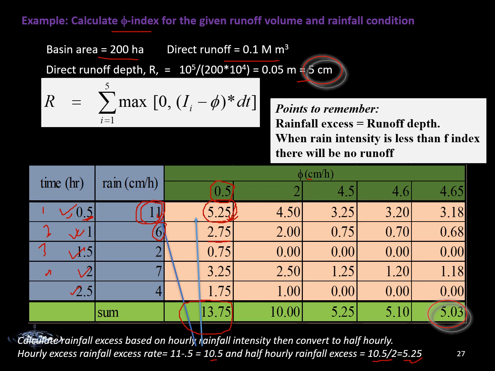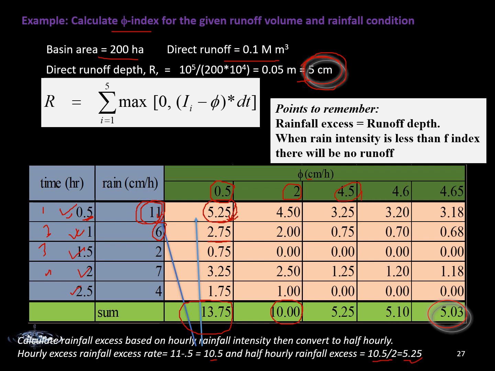And the sum has to be, because it says the runoff is 5, right? So the runoff is 5, but if the phi index is 0.5, then runoff will be 13.75, which is not correct. So now you change the value. Phi index, you put the value as 2, do the same, and now it gives us 10, which is also not correct.